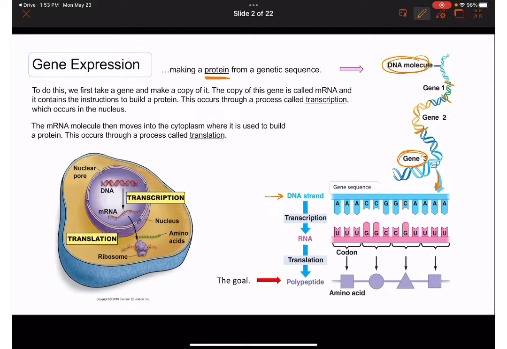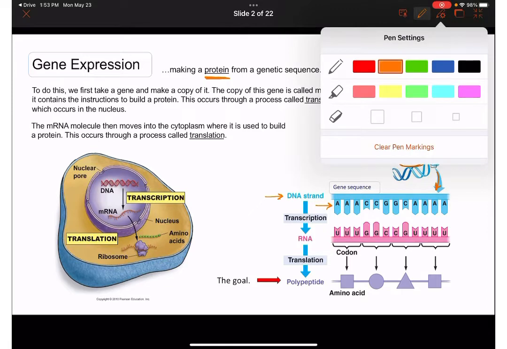Here's the DNA, and DNA is double-stranded, but we're only looking at one of these strands. And what we're looking at here is the gene sequence. It's the order of the nucleotide bases, the order of the nitrogenous bases.